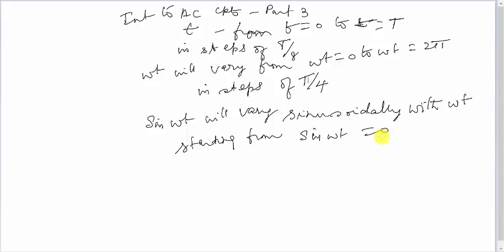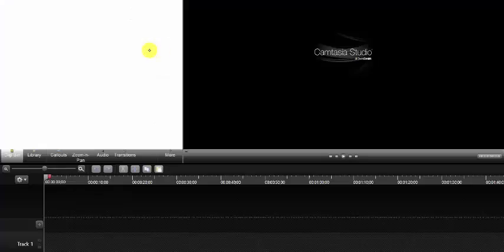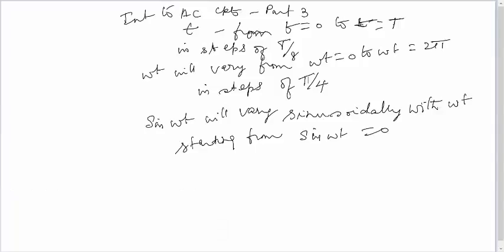Next, this is the first one. The first one is A. We are varying t from 0 to capital T in steps of T by 8. Correspondingly, omega t will vary from omega t equal to 0 to omega t equal to 2 pi in steps of pi by 4.